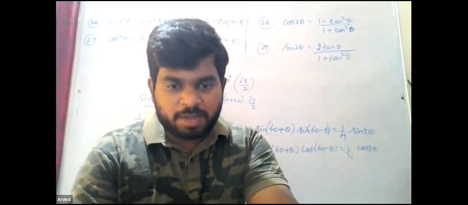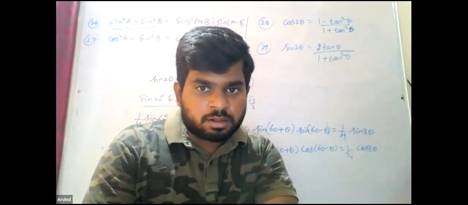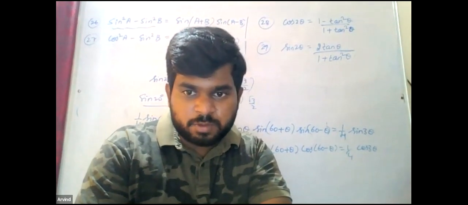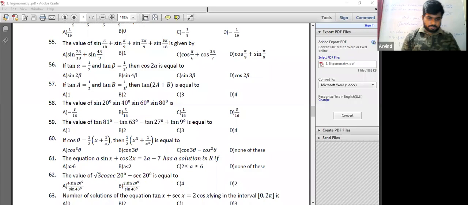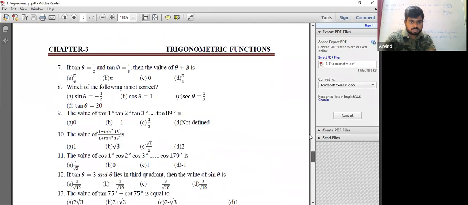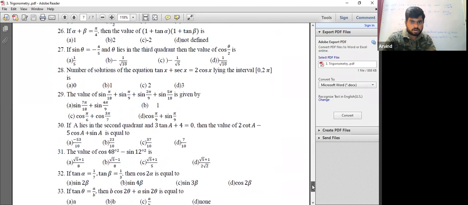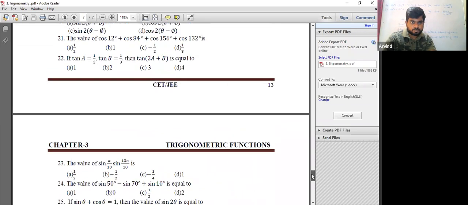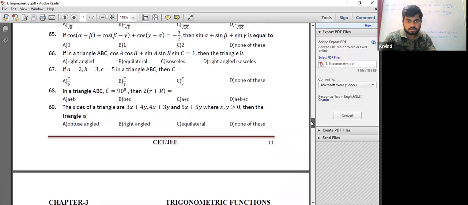We have covered maximum in this trigonometry. Okay. And in the same question paper, I'll share it. You also get the practice corner. The formulas and key answers are there for all these questions. Have these questions, try solving them. Okay. Questions will come later, but in a different way.